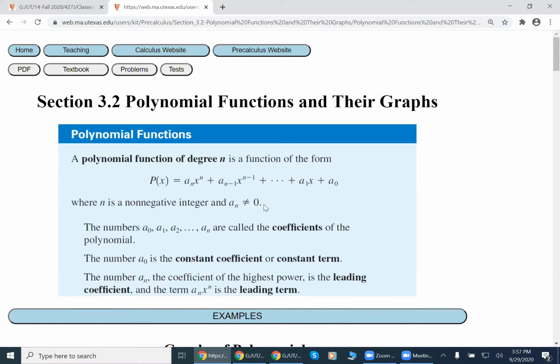So the degree of a polynomial is the biggest power of x where the coefficient in front of x to the nth power is not equal to 0. So, despite the fact that 0 can be rewritten as 0 times x squared plus 0 times x plus 0, 0 is not a polynomial of degree 2 because the coefficient in front of x squared is 0. Does this answer your question? Yes, sir. Thank you very much.